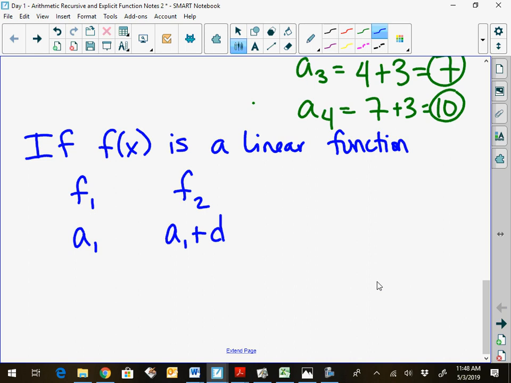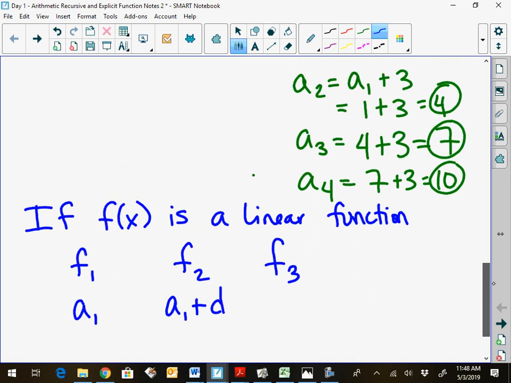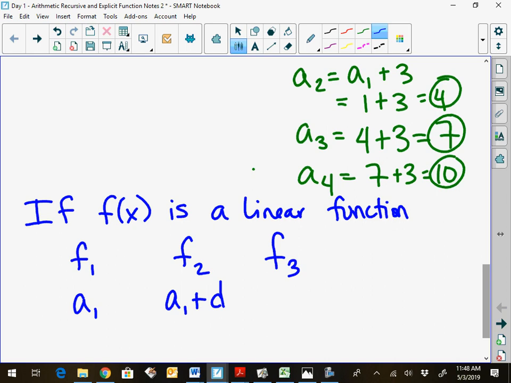So then our next one, f sub 3. Notice how for a sub 3, we took our first term, a sub 1, and we added 3, which was our difference, and we added 3 again, which was our difference. And that's how we got 7. And then f sub 4.